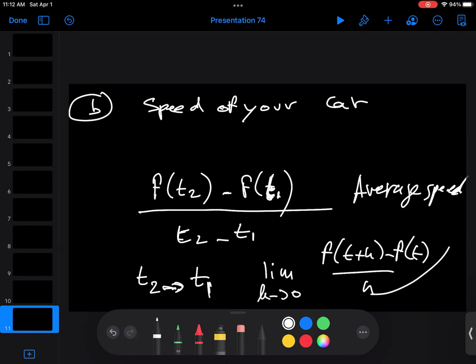So this is the instantaneous speed. And again, this is a limit. And this is a derivative. So when you drive your car and you look at your speed, this is the instantaneous speed, and it's a limit.